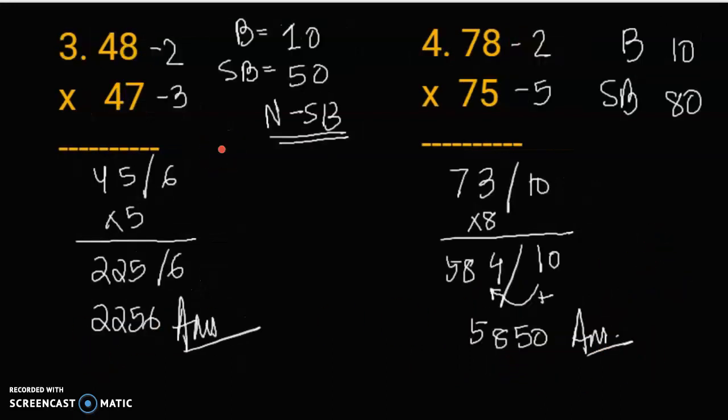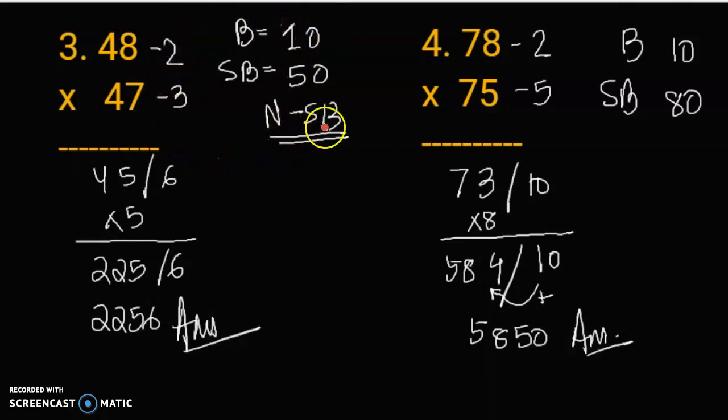In example 3, we have taken the case where both the numbers are less than the sub-base. So considering 48 and 47, we can very comfortably choose the sub-base as 50, and 48 and 47 are less than the sub-base by 2 and 3 as shown over here. Our base is already explained to you, it is 10.